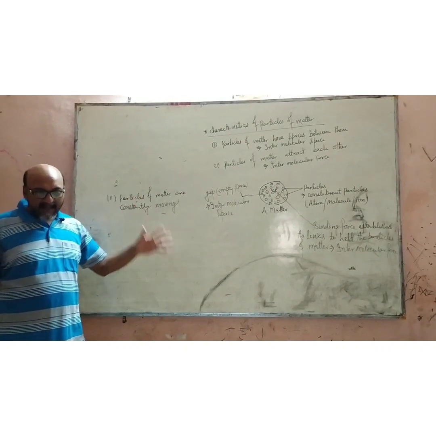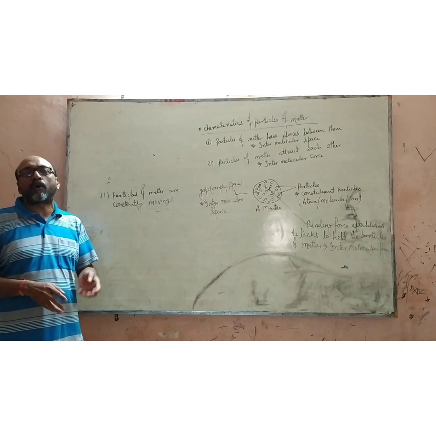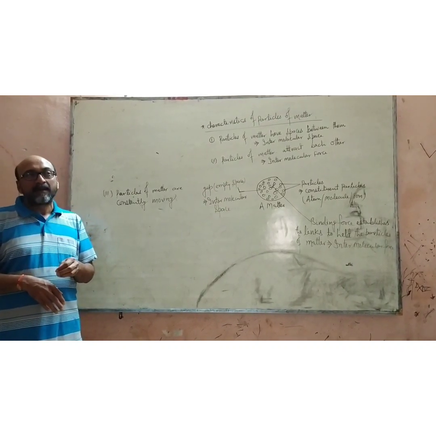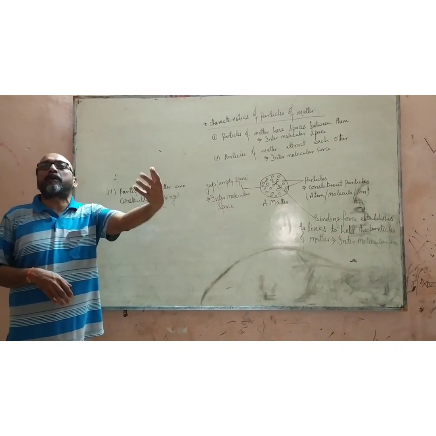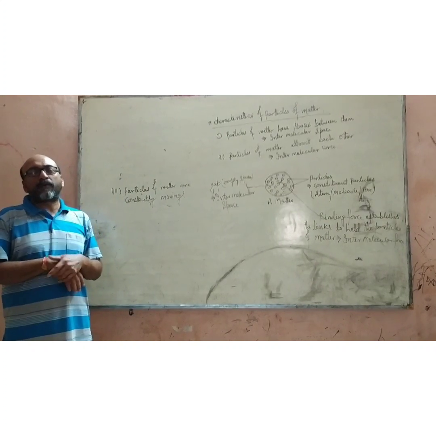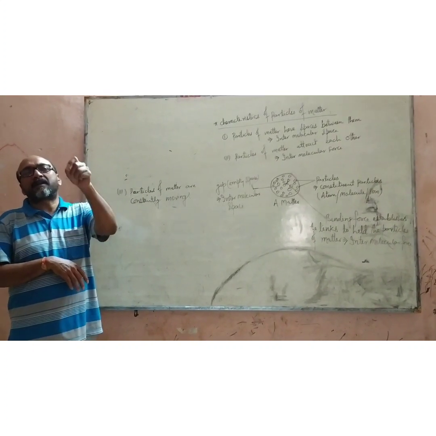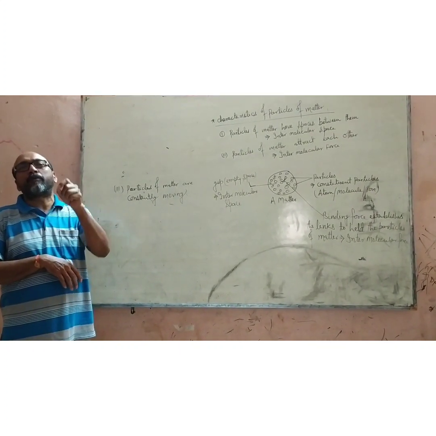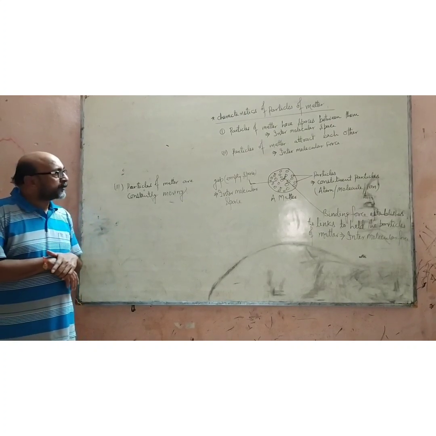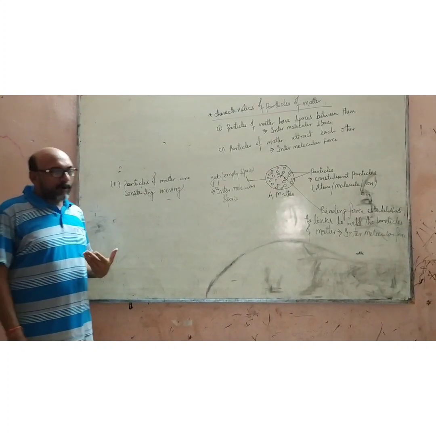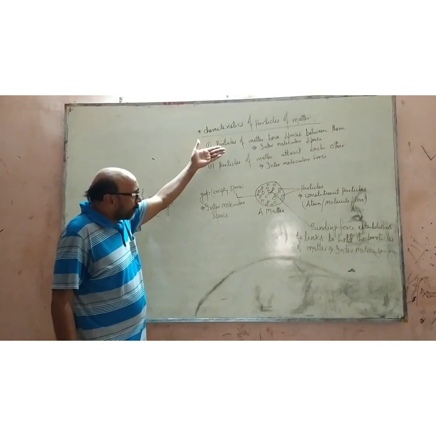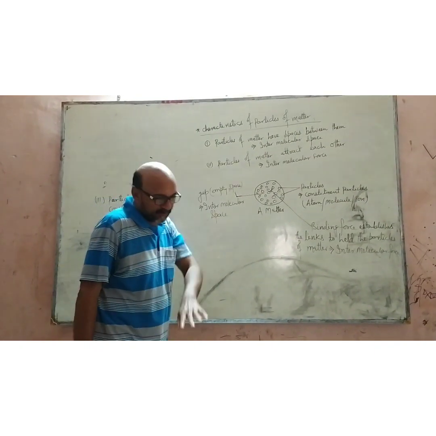This zigzag motion of the particles is called Brownian movement, in honor of Robert Brown, who first of all described the movement of particles. This is all about the characteristics of particles of matter.